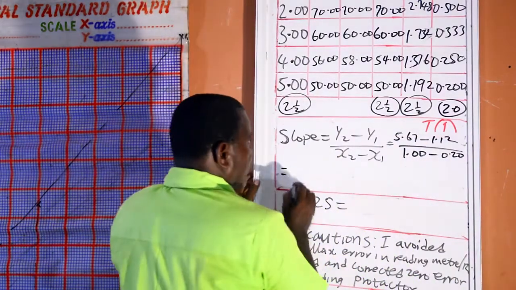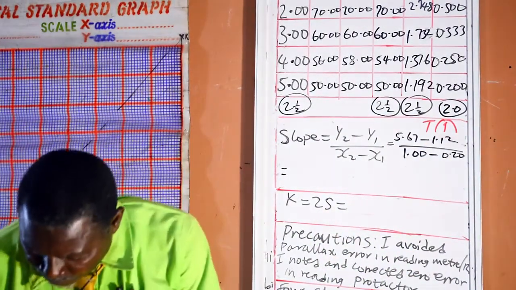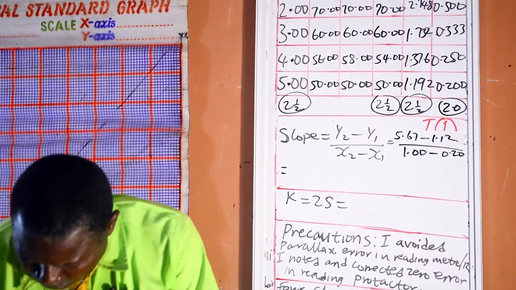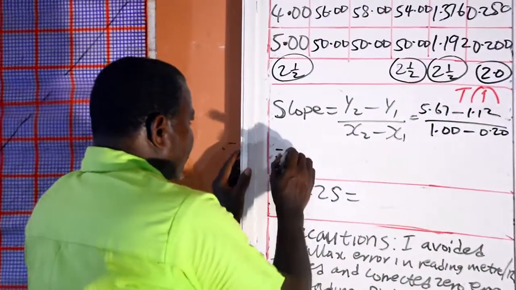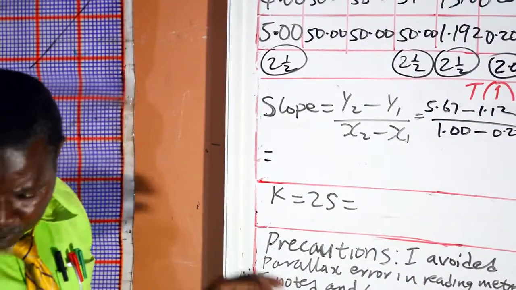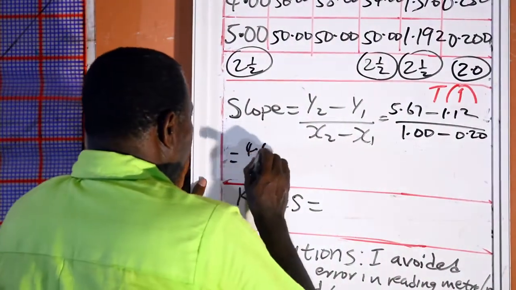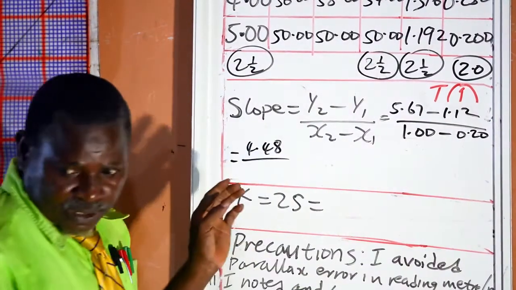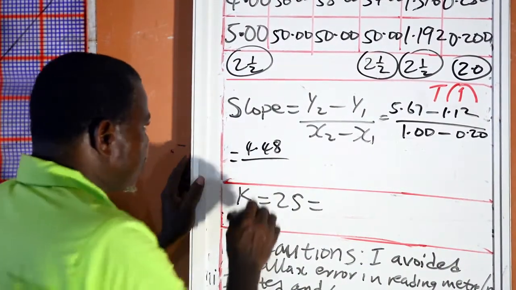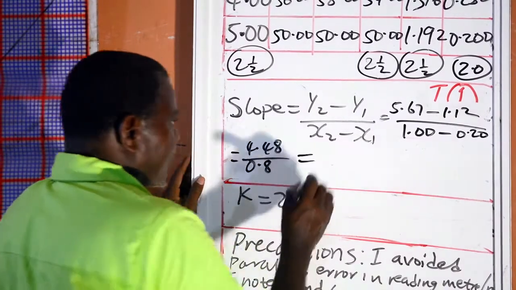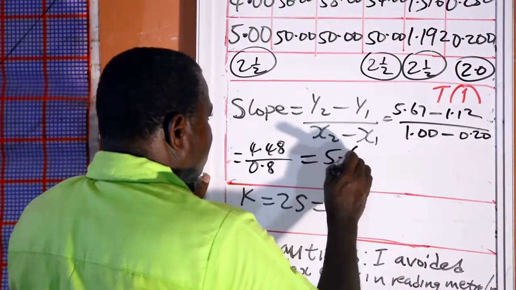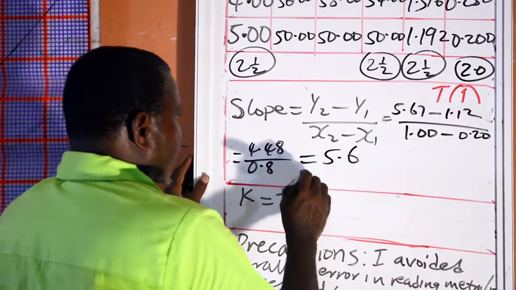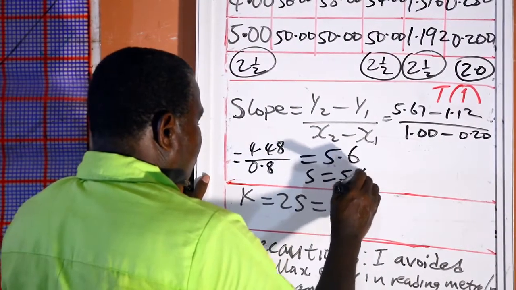So 5.67 minus 1.19 will give us 4.48, divided by 0.8. This will give us 5.6. So our slope is 5.6.